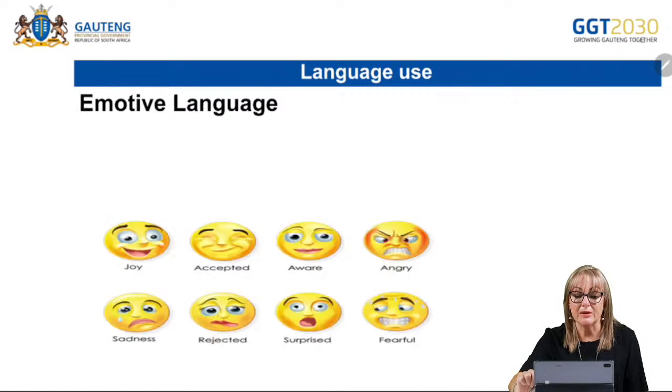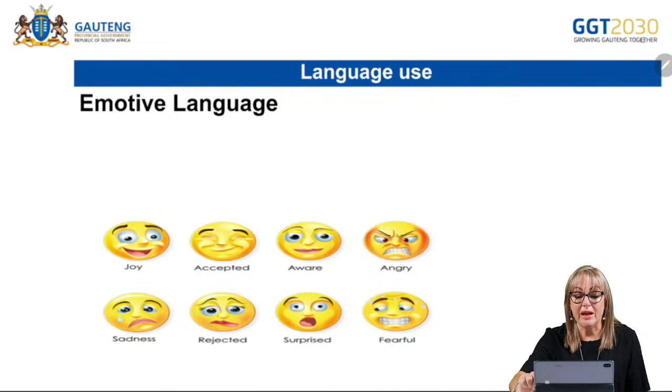It's linked to that. Then they also make use of emotive language. Now, lately, we've started to rather send emojis to express our emotions than typing it or telling it to people, which in a way is not really good. But you all know the emoticons.